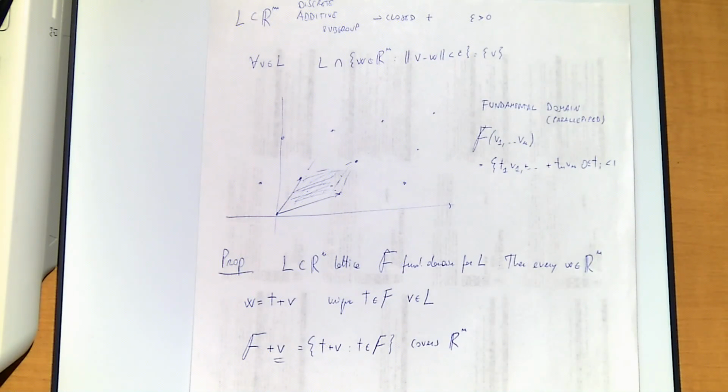So that's not in the lattice, but it's in the middle. It's something small. So I'm setting myself up for what we did in the coding theory scenario, where we had a code word and we shifted it by a small error vector. Same thing here. If I take a vector in the lattice, I'm going to shift it by a vector in the fundamental domain, so something that is of small norm.